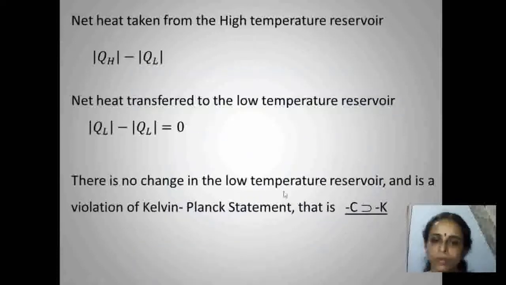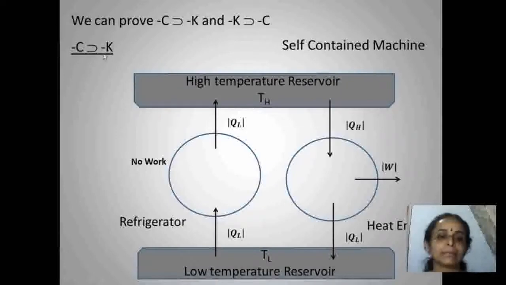That means 0. That implies there is no change in the low temperature reservoir. Without transferring any energy to the low temperature reservoir, the self-contained machine is working. So it is a complete violation of the Kelvin-Planck statement. That means not-C implies not-K.